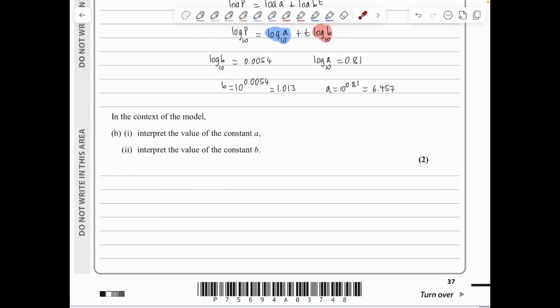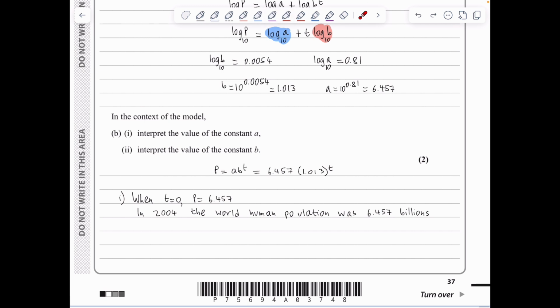In part B, we're asked to interpret the values of A and B in the context of the model. Well, the model said that capital P is AB to the T, and we found this to be 6.457 times 1.013 to the power of T. Now, for the value of A, we observe that if we substitute T is 0, we get that capital P is 6.457, which means that the initial population, the population in 2004, was 6.457 billions.